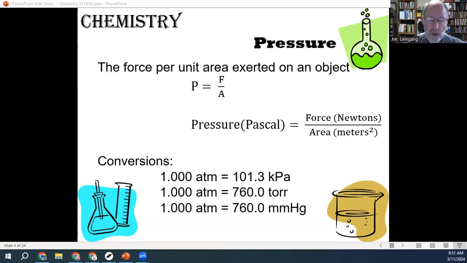All right, so pressure. Pressure is defined as the force per area exerted on an object. And we can actually do force in a variety of different units depending upon the circumstances. It used to be very common, and still is a little bit in physics, that they would talk about pressure in terms of pascals, because the unit of force that we deal with in physics is newtons.